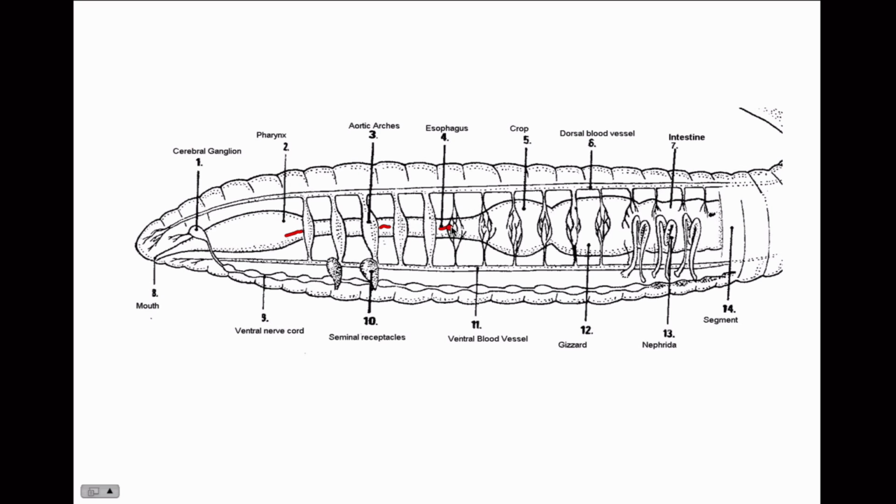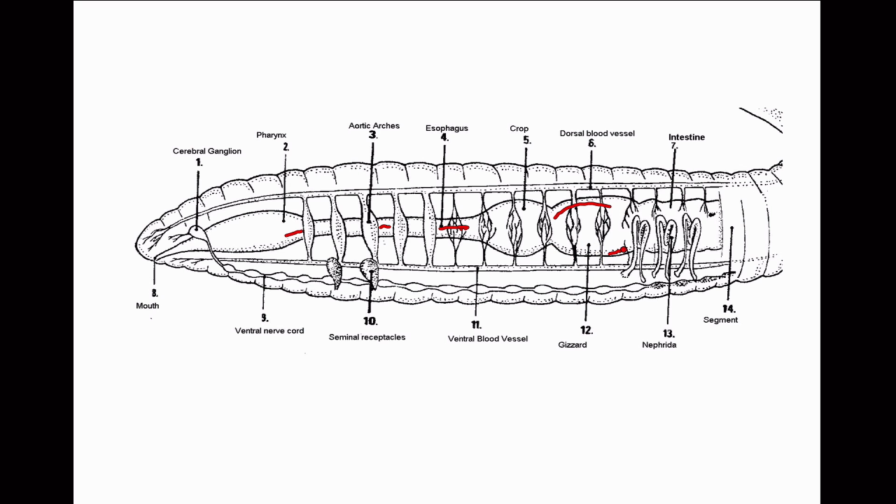And they're going to move through here until they reach the crop. And so the crop is this large segment right here. And the crop is really where the soil is going to be moved around, and basically it's a place to kind of store the dirt and the nutrients until they move into the gizzard.